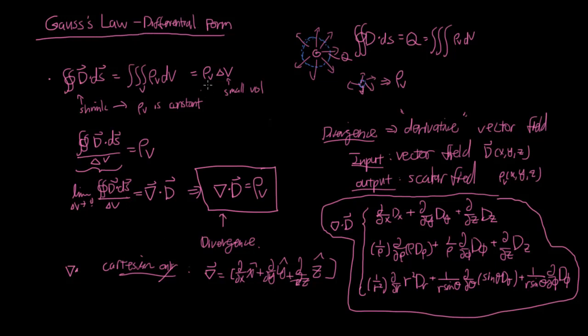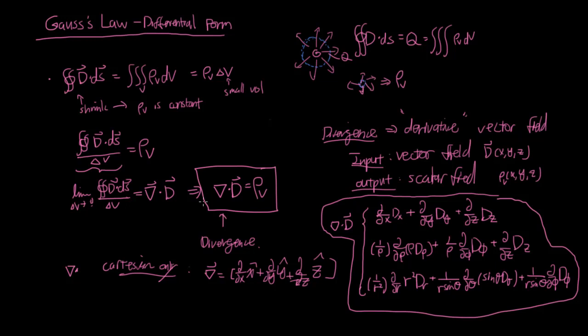Then by making our volume infinitesimally small, we did a little bit of light algebra to get to the divergence operator, which gives us the differential form of Gauss's law. In not so many words, it says that if you take the surface integral of the electric flux density across an infinitesimally small surface area divided by that small volume, what you end up with, instead of just the charge inside, is the volume charge density.